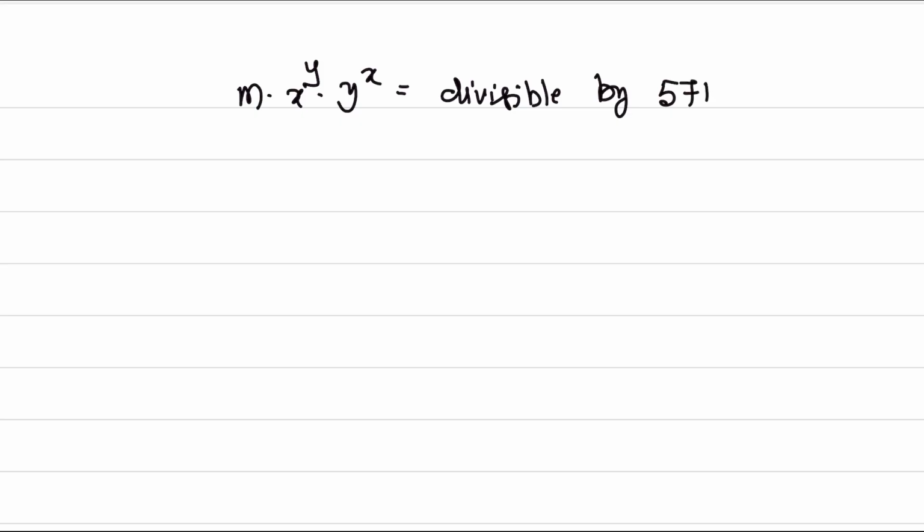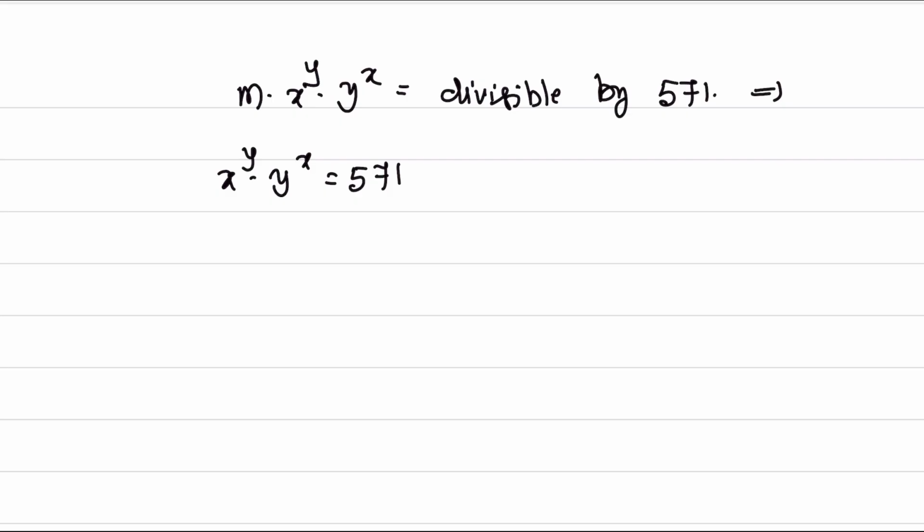That means m into x to the power of y into y to the power of x is divisible by 571, which implies x to the power of y into y to the power of x is 571. Because m is already an integer we have taken, the whole is divisible by 571.